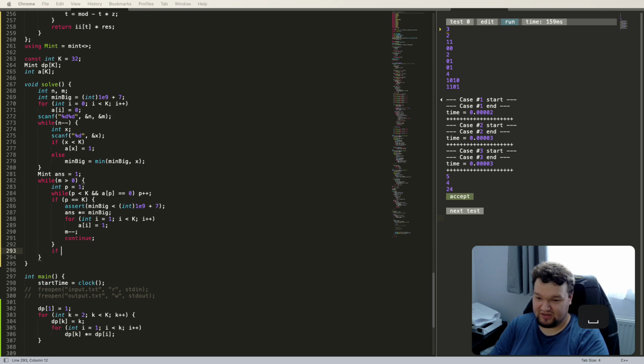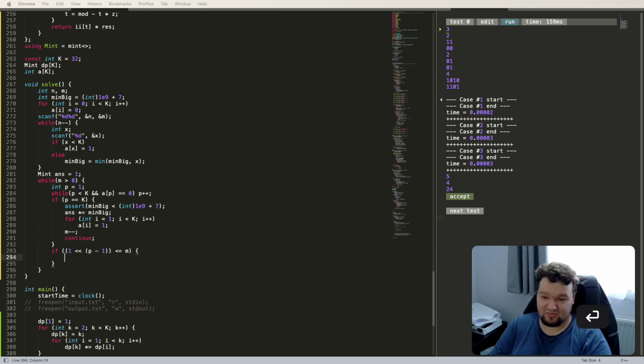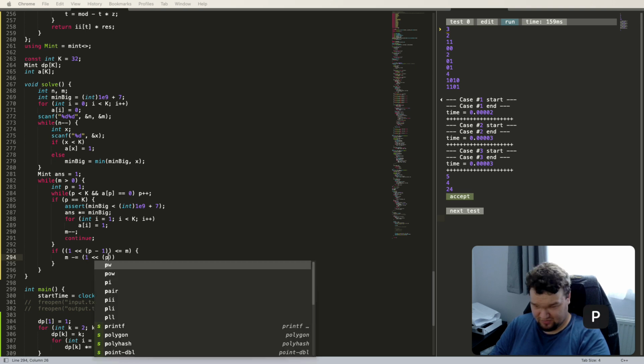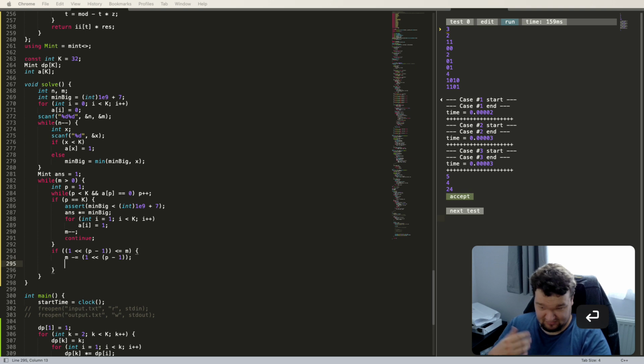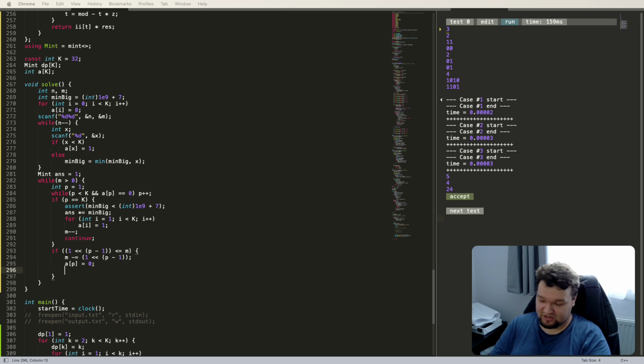So let's see if that's the number of operations I have. If it is not greater than m, then cool, I can decrease m by that number and do all of them at once. Just set that number to 0 and multiply the answer by dp of p.